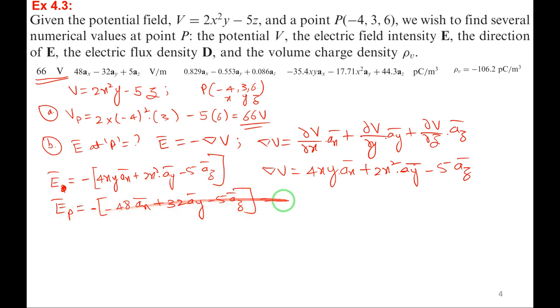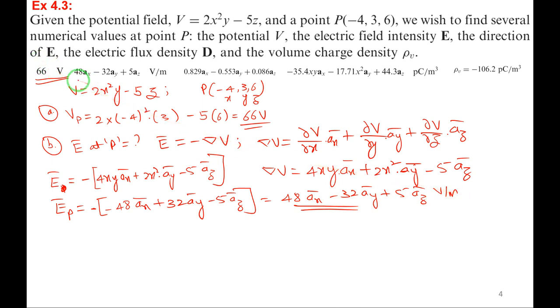So multiply this minus and write it: 48 AX minus 32 AY plus 5 AZ. So E at point P is this much volts per meter.